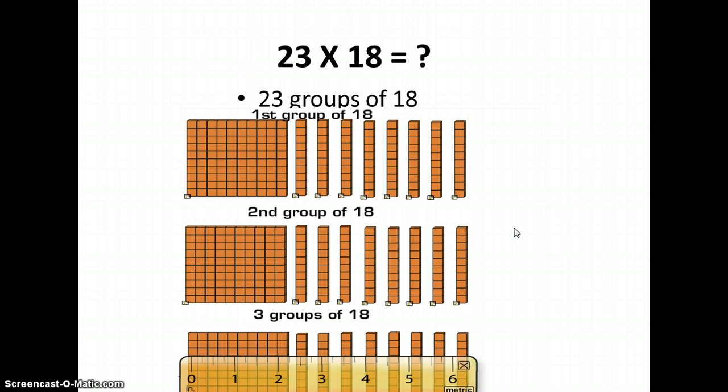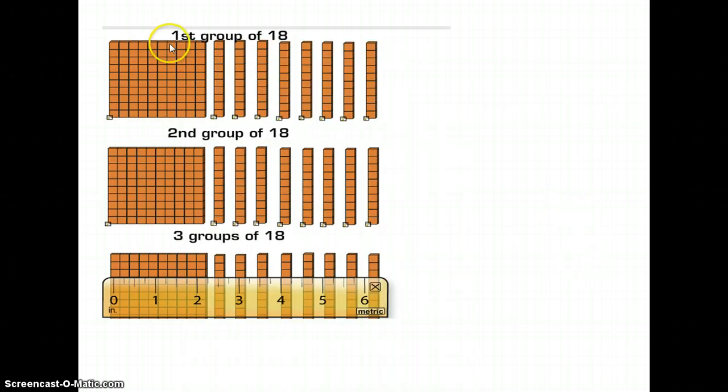So we have to set this up by 23 groups of 18. We know we can make 2 groups of 18. So, our first group, we will solve. We know that this equals 100 because there are 100 individual blocks. So 100 plus, and we know that one of these represents 10.